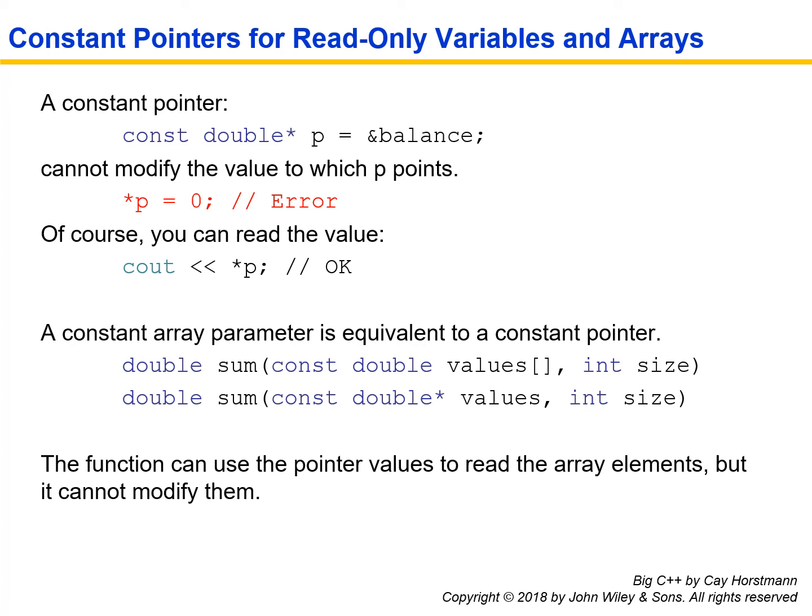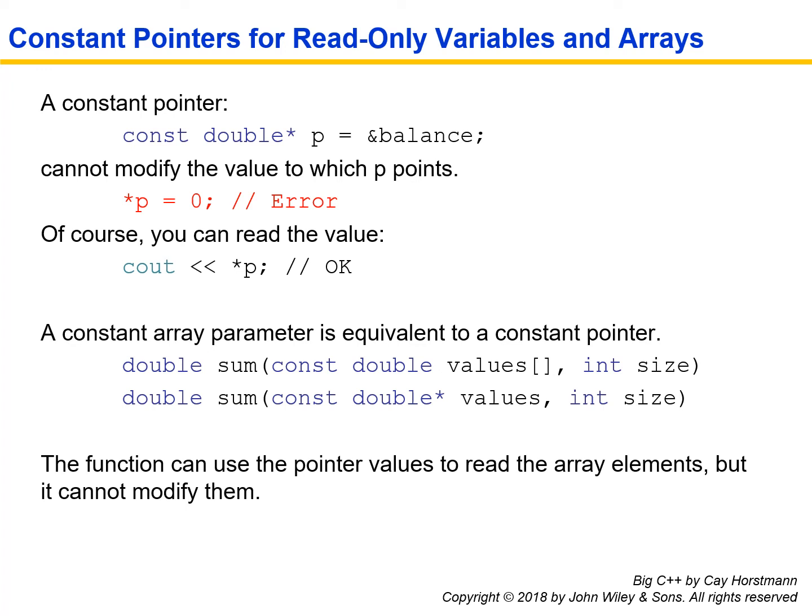Okay, last point on this part of the presentation, it is possible to create a constant pointer. What a constant pointer does is it prevents you from modifying the value that p is pointing to. Okay, p may not be a constant, but if you access it through *p, balance in this case may not be a constant, but *p, the reference to balance, is a constant.